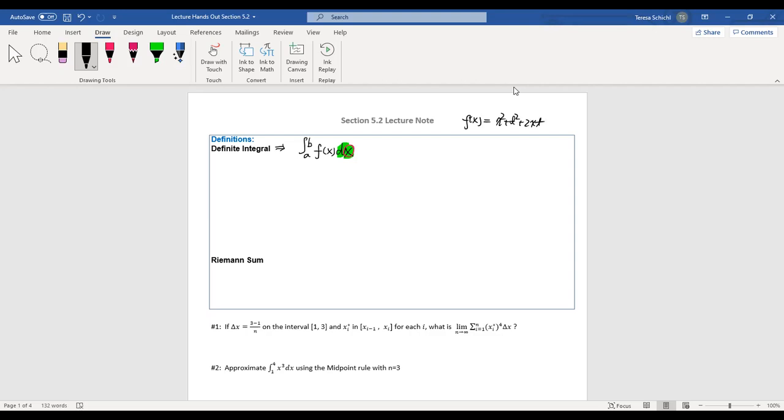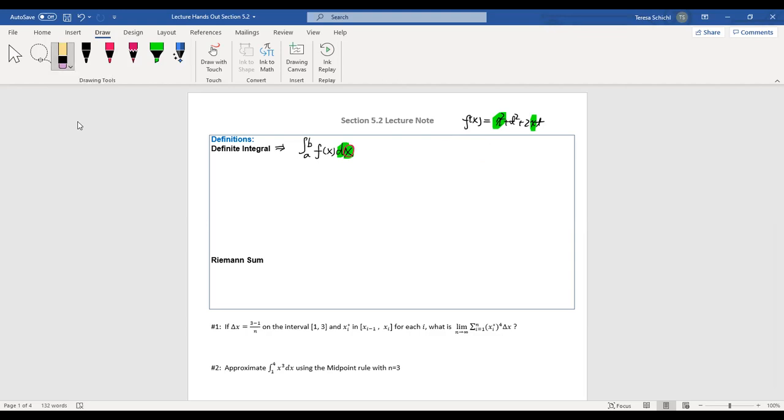When you do the definite integral from a to b of f of x dx, that tells you which variable I care about, because it's x. So this is x, this is x, and all the other variables in this function we treat as constants.